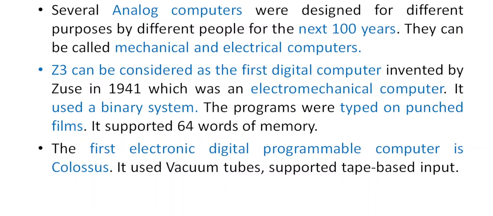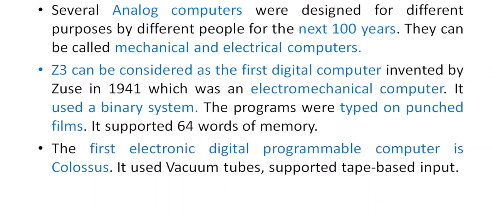It supported punched films or punched cards. Punched cards in the sense that you use something similar to a typing machine, and holes are punched onto the card. If you successfully punch the holes, it becomes the punched card or punched film.